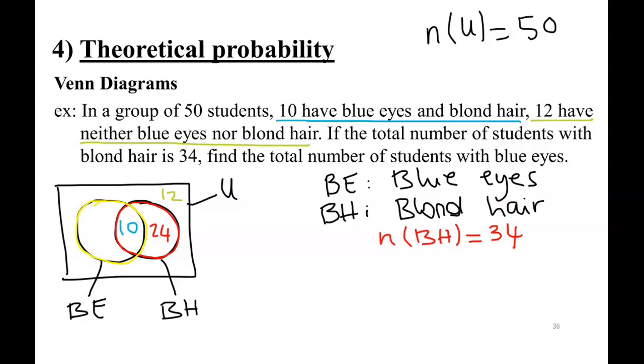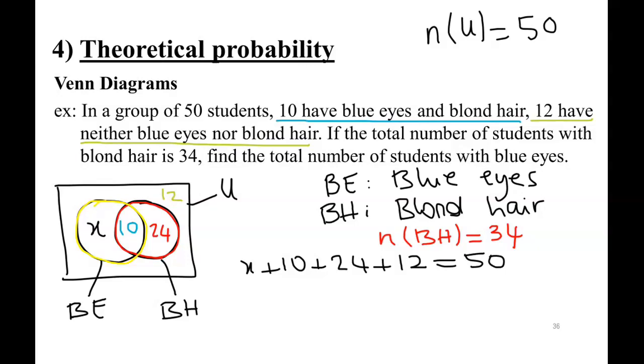So if I call that number of students X, we know that in total we have 50 students. So X plus 10 plus 24 plus 12 is equal to 50. Those represent all the students in the class.